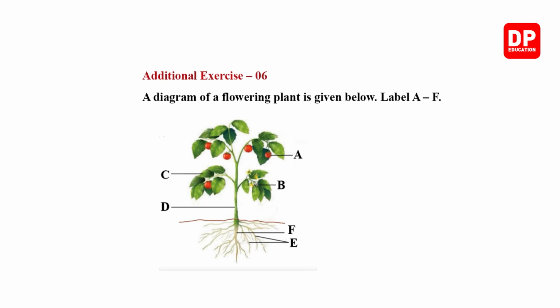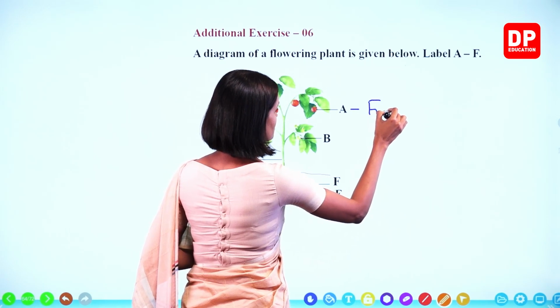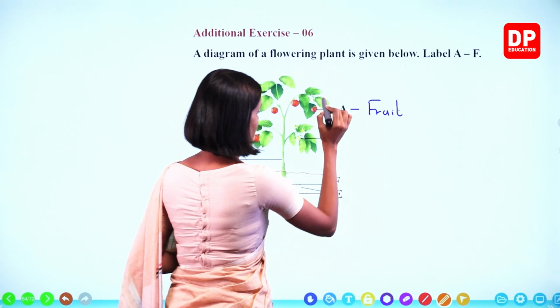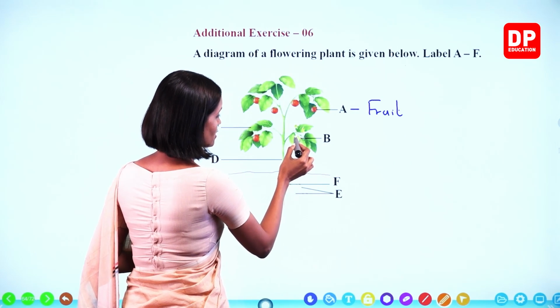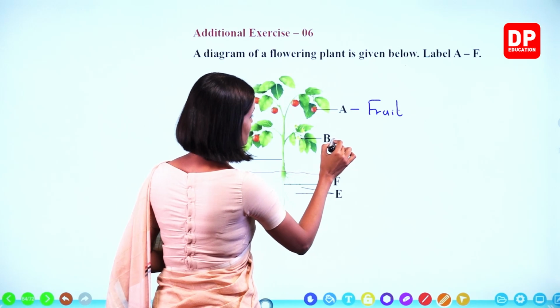Right? Exercise number 6. A diagram of a flowering plant is given below. Again label A to F. What is A? You all can see these are fruits. Fruit. One fruit. B, here you all can see it's a flower.